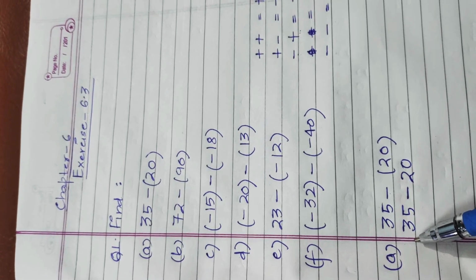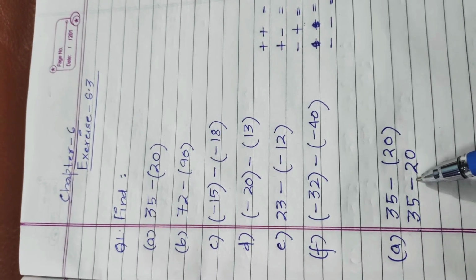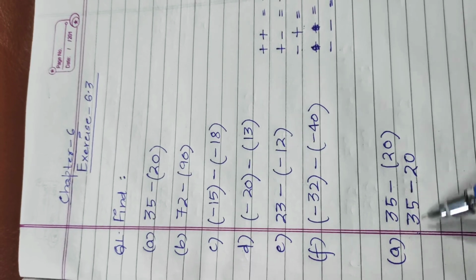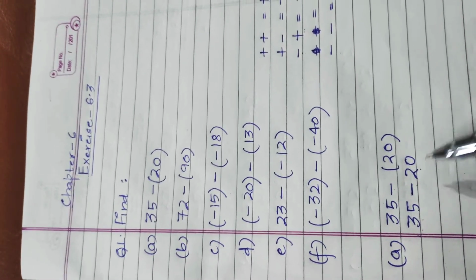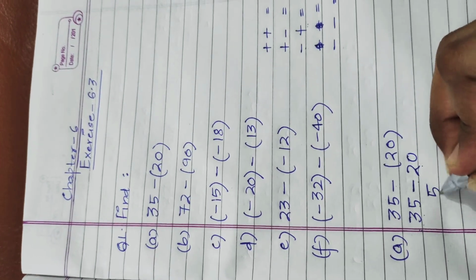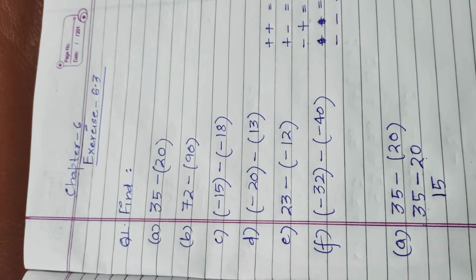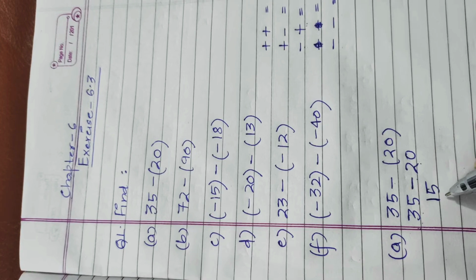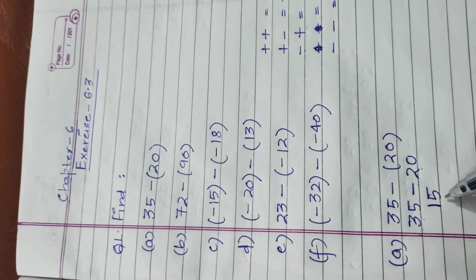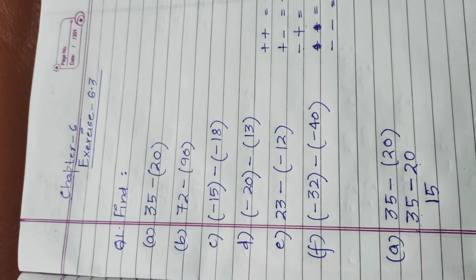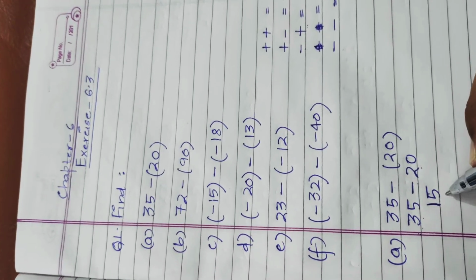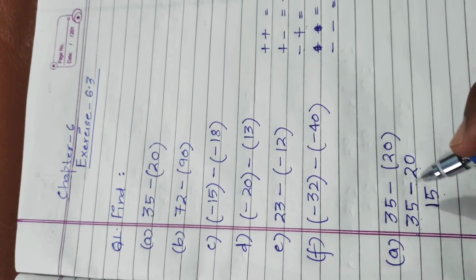It means there is a plus sign. We will use the rule again. Plus minus is equals to minus. It means we are going to subtract these two integers. 35 minus 20. What will we get? 5, 1, 15. We have got the answer of this A part. But before completing it, we want to check which sign will be written with it.